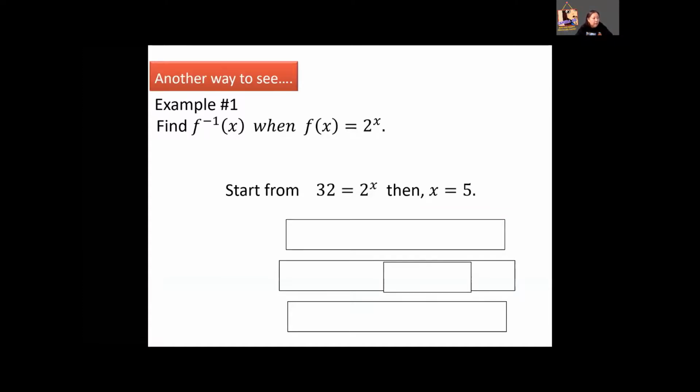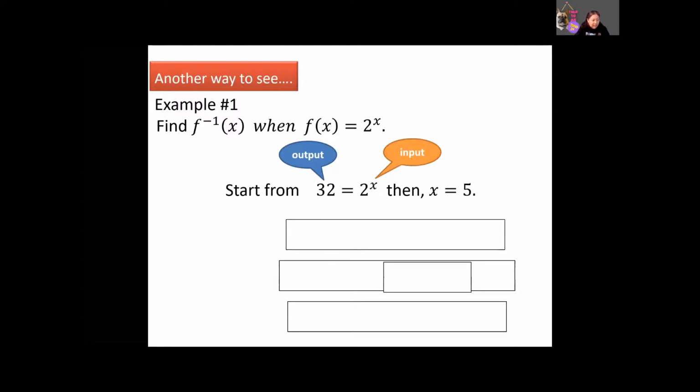Okay, then as I said earlier, we can also see the relationship between logarithmic equations and exponential equations by switching input and output from one form to the other. If 32 is equal to base 2 raised to the power of x, then we already saw the answer: x should be 5.